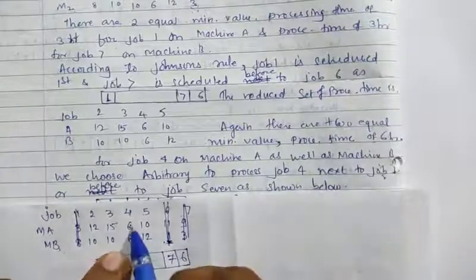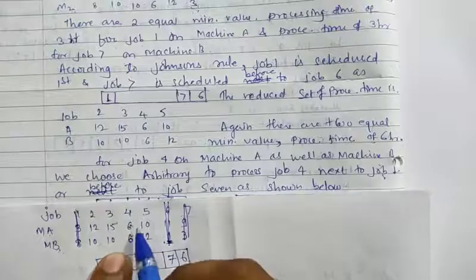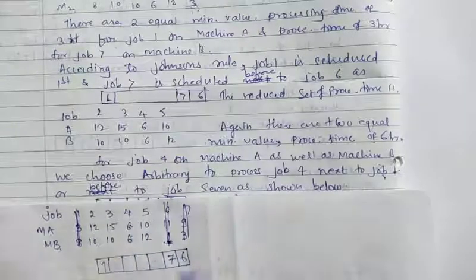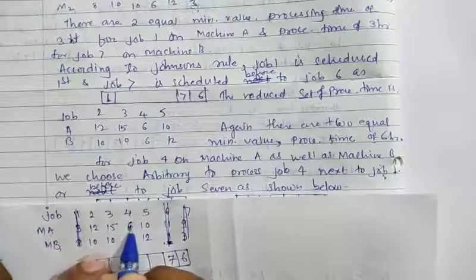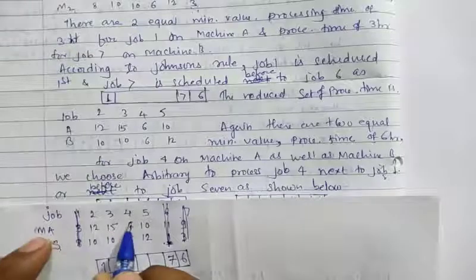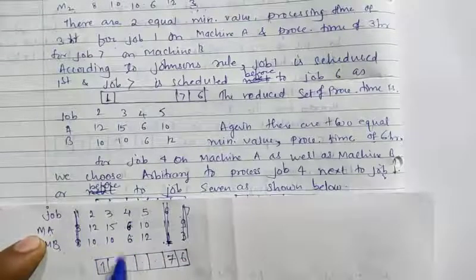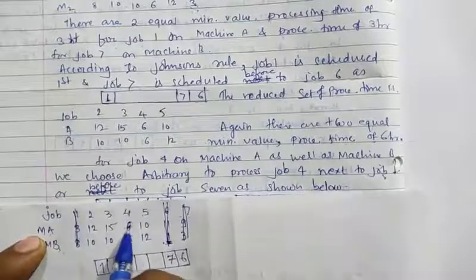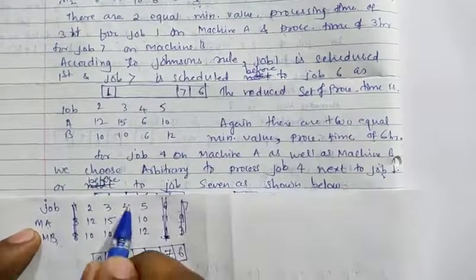So for job 4 there are two same values, and we get two possible sequences.